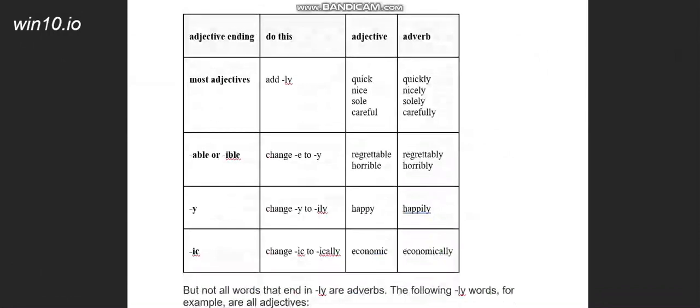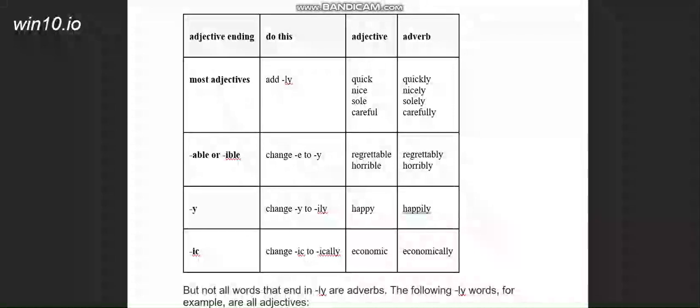Most adjectives add ly: quickly, nicely, solely, carefully. You can see over here. Then adjectives ending with able, that is, they have to be changed into an e or y form. Like over here you can see regrettable.